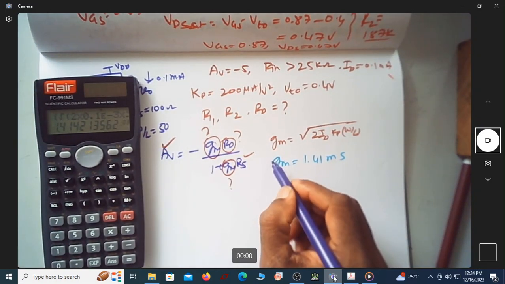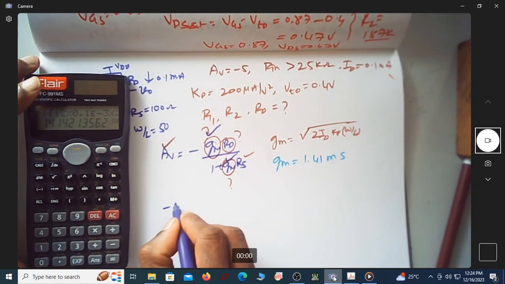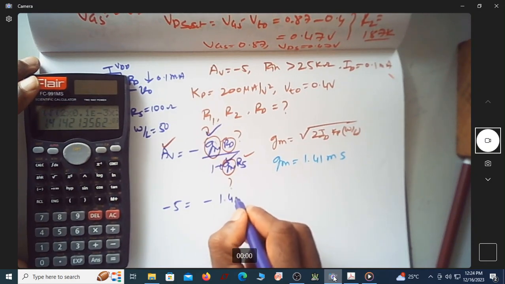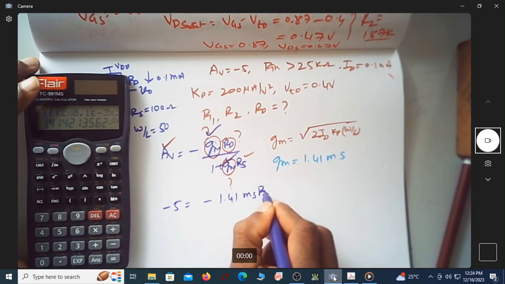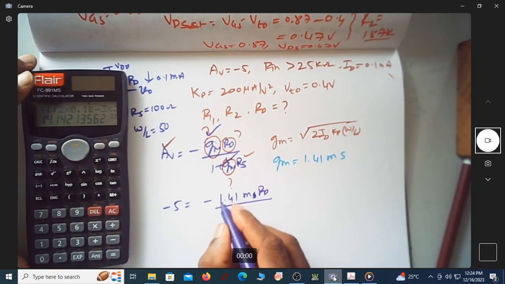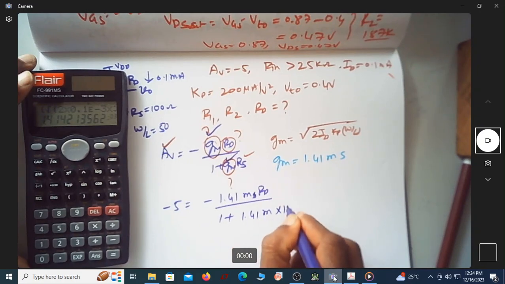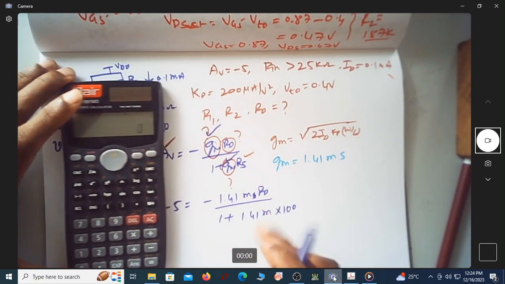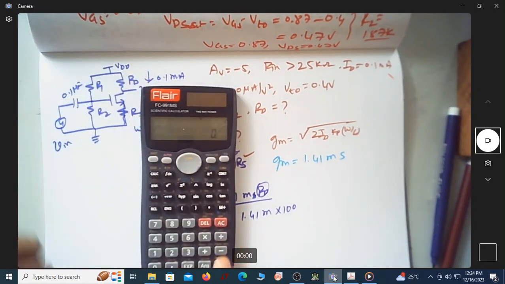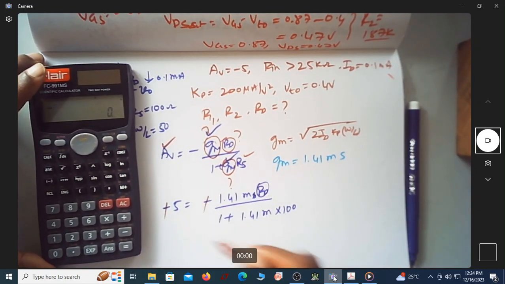Since the value of GM is known now, let me find out RD. So -5 is equal to minus 1.41 milli into RD, divided by 1 plus 1.41 milli into RS, which is 100. I need to find the value of RD, so I can use this calculator. You can take out the -1, so this will go off.